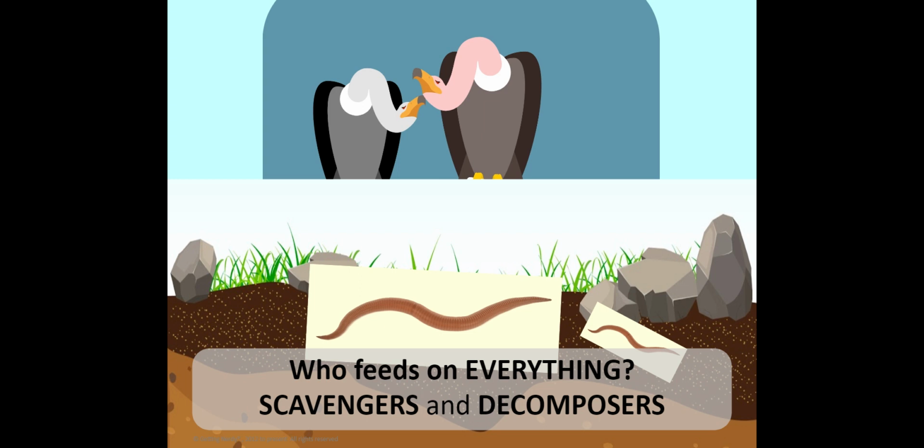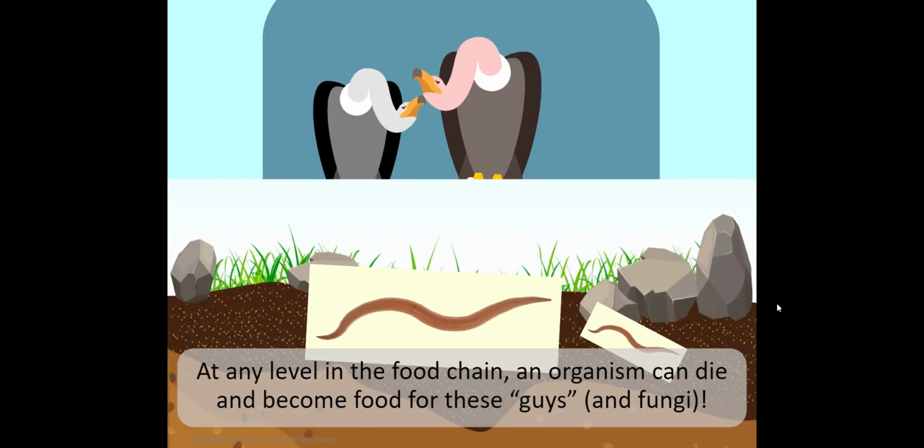You see the buzzard circling around the dead animal, and you see those little mushrooms. Those are the fungi. The scavenger would be the buzzard, and the decomposers would be the mushrooms.